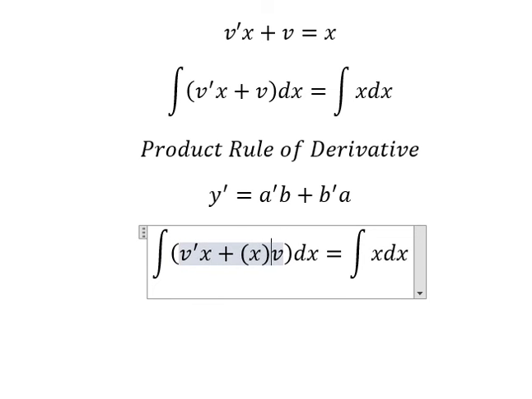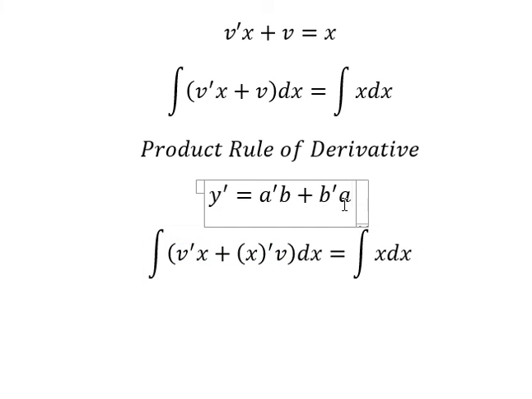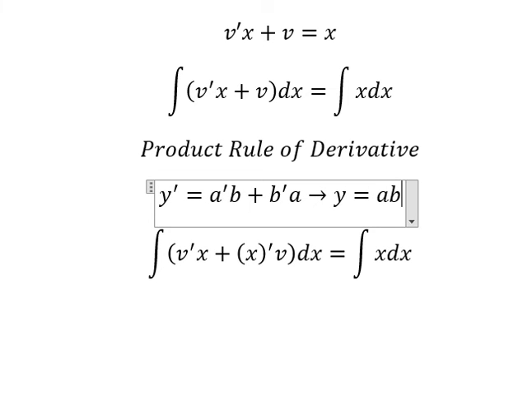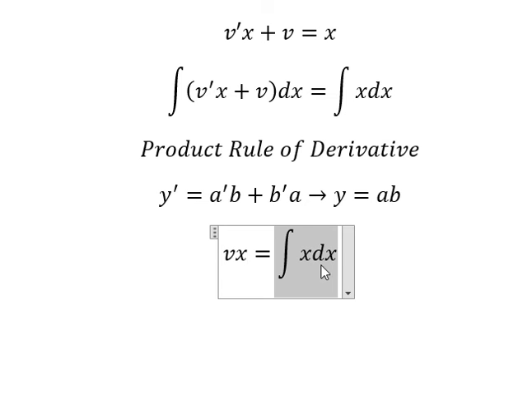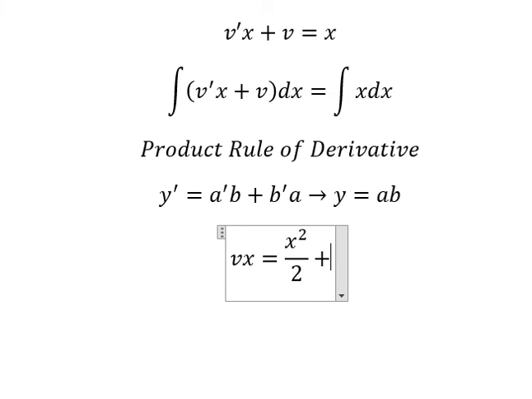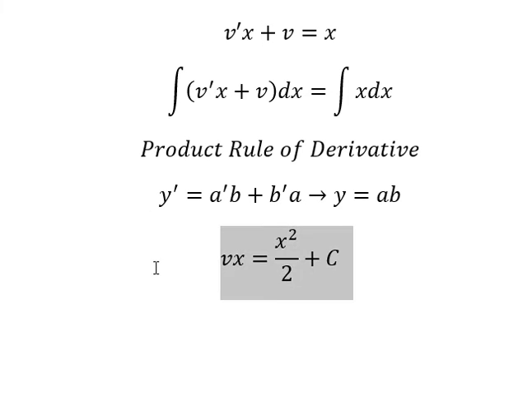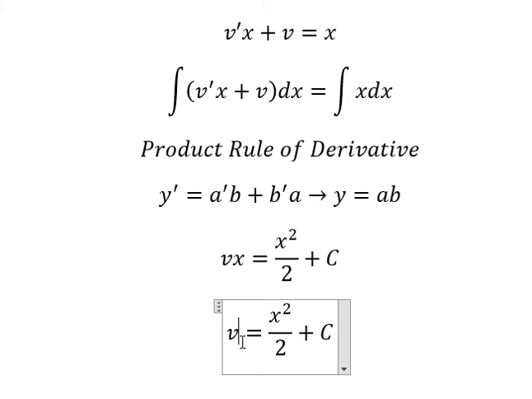This one we have first derivative of b multiplied by a. So the integration of this one, we have y equals to ab. So the integration of that one, we have vs. This one is s squared over 2, and I will put c. Now we divide both sides by s.